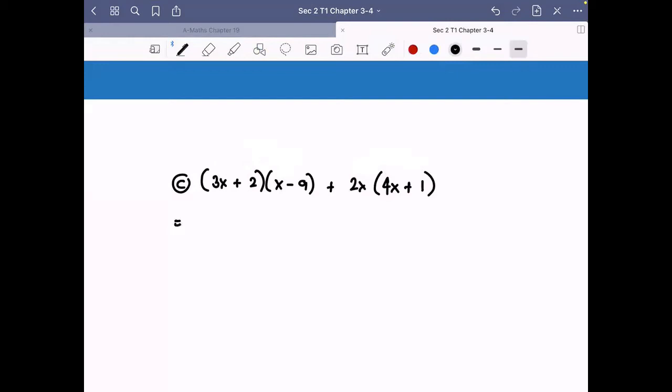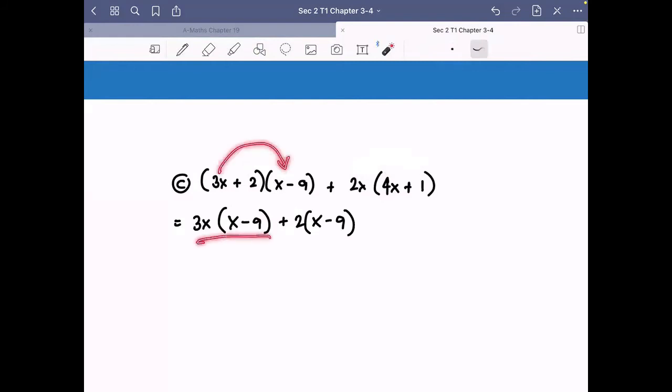Okay, so 3x times x minus 9 and then plus 2 times x minus 9, right? And then plus, so this gives you 8x squared plus 2x.